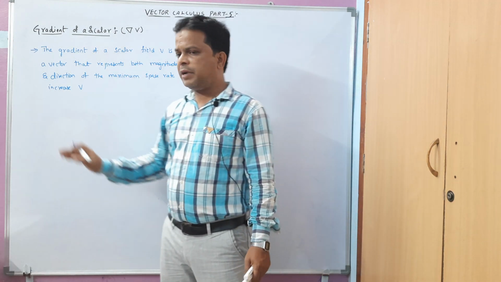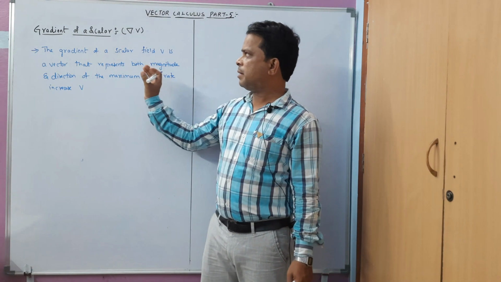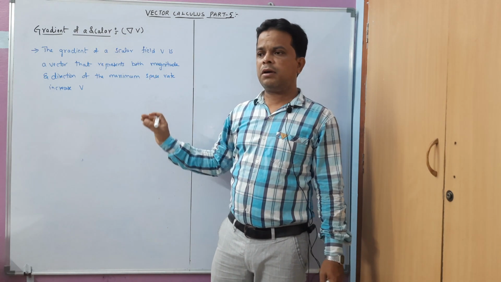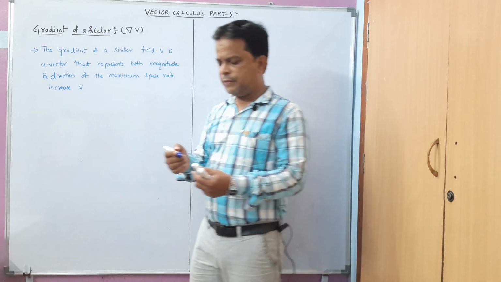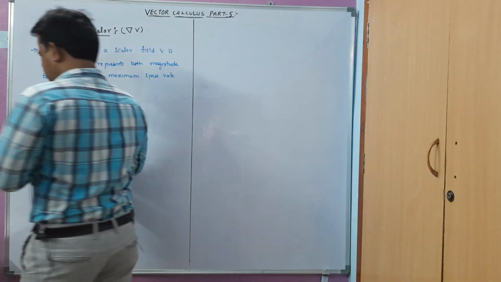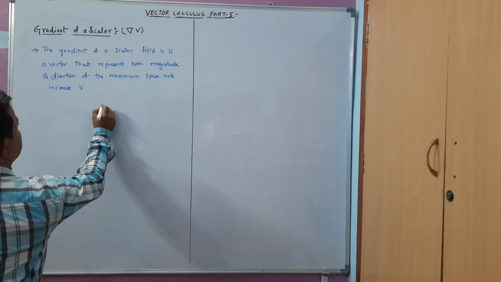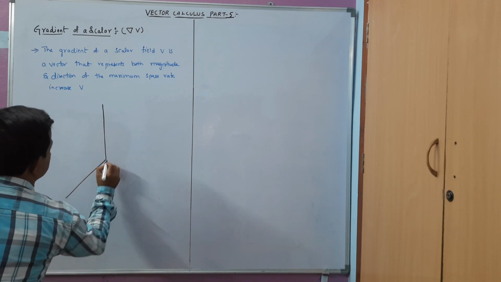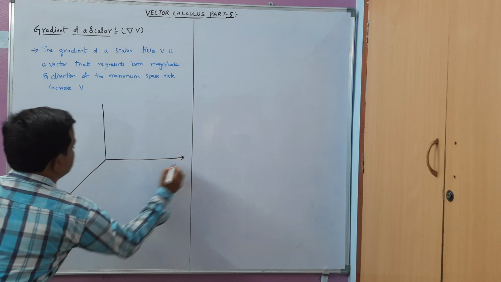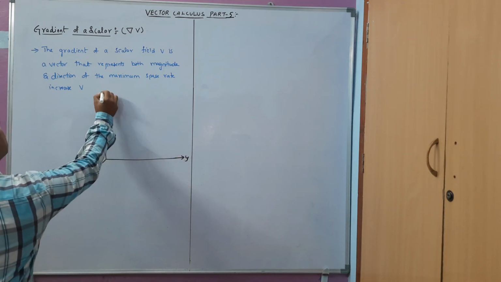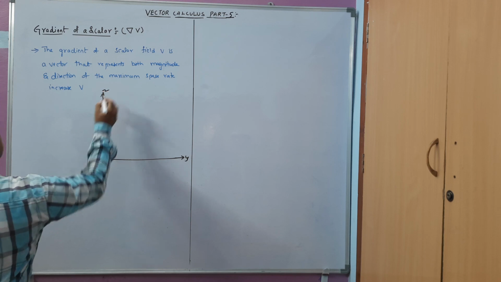Okay, so we are going to develop a small mathematical equation for del V by taking a graphical approach. Let us draw that graphical analysis here. Let me take the XYZ Cartesian coordinate system: this is the x axis, y axis, and this is the z axis.